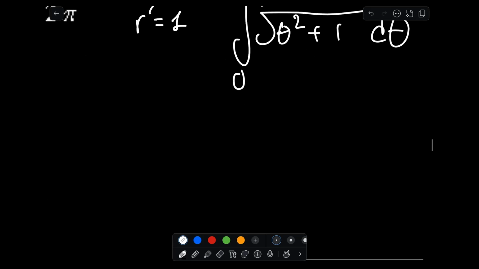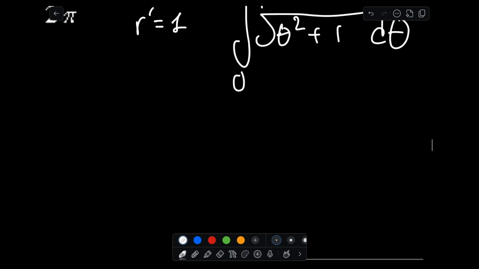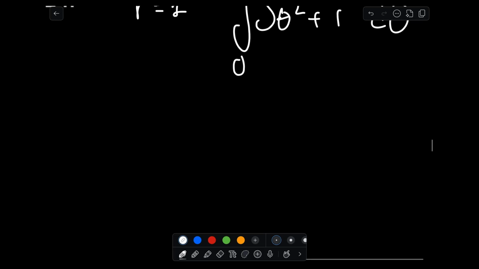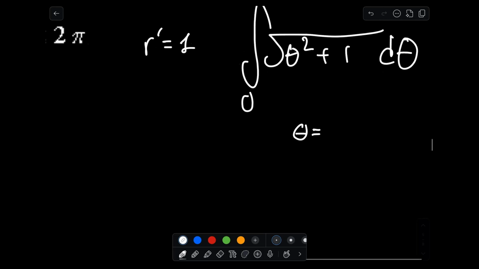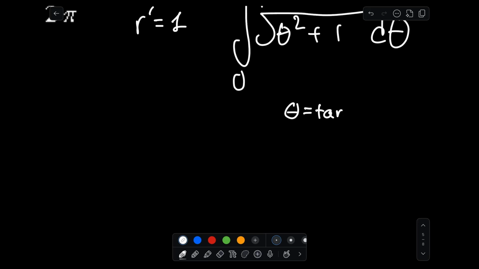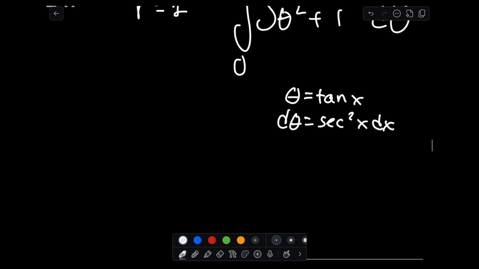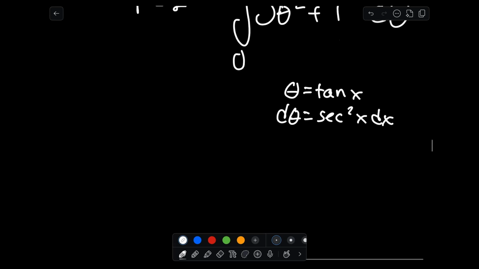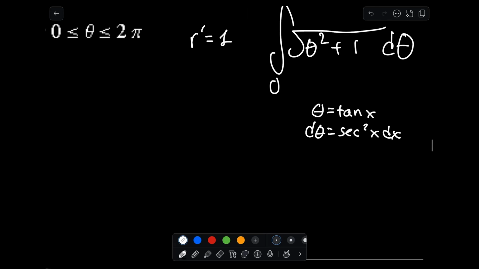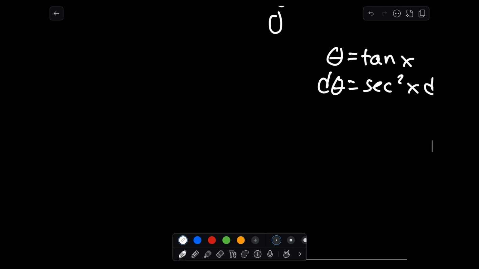I'm going to use trigonometric substitution because that's what I'm feeling today. Let's say that θ = tan x, dθ = sec² x dx. Then our trig identities are going to come in super handy.